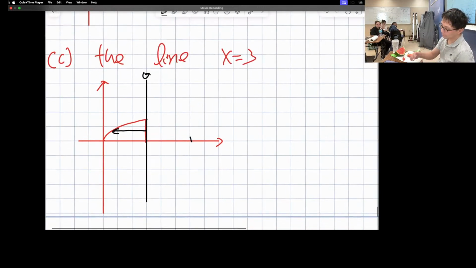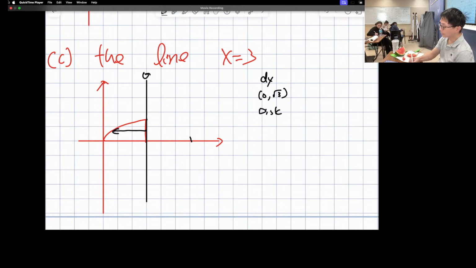So is this dx or dy? Dy, so write it down, dy. Boundaries from where to where? 0 to √3, good. Is it a disc or a washer? Disc.